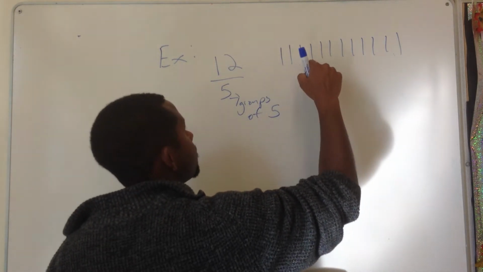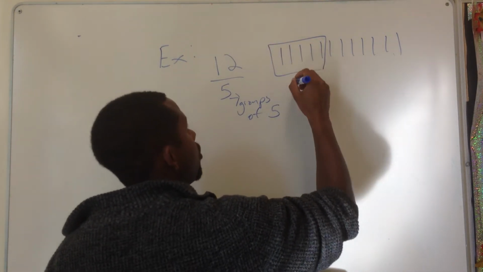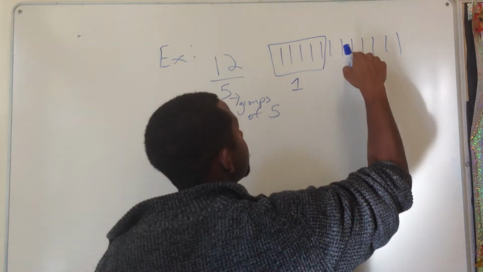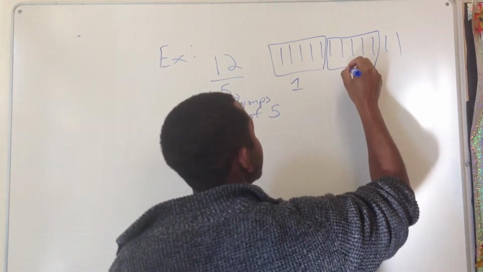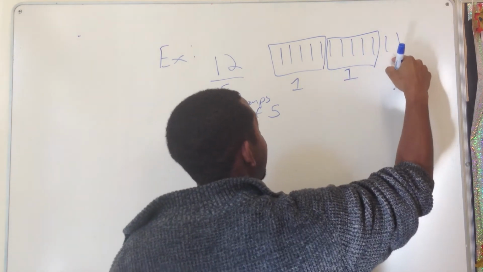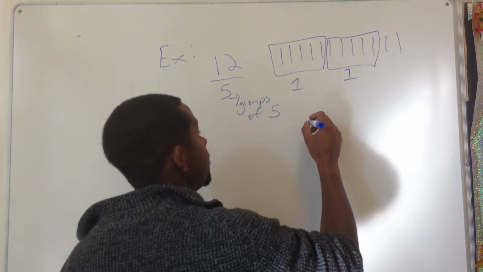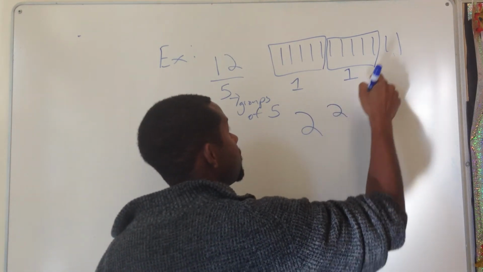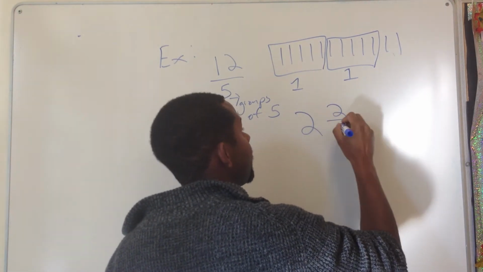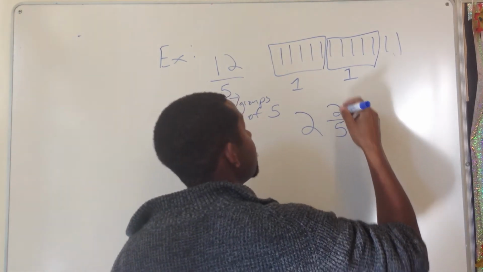So let's see, 1, 2, 3, 4, 5. There's 1 group of 5. 1, 2, 3, 4, 5. There's 2 groups of 5. And I have 2 out of 5 left over. So I have 2 groups of 5 and 2 out of 5 left.